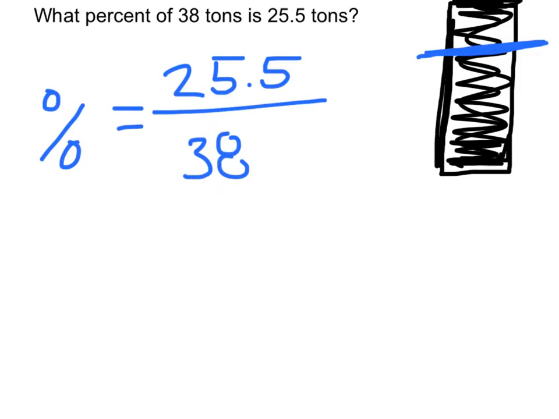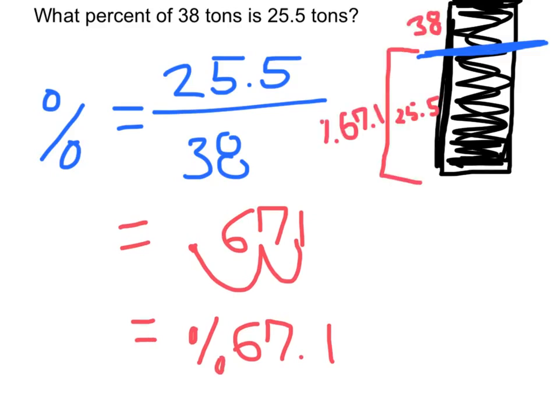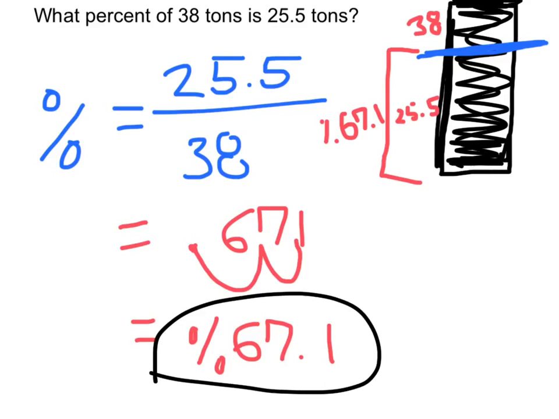And back to our problem, if we divide the numerator by the denominator, we will get the decimal 0.671, just about, and we learned before that we can change a decimal into a percent by moving the decimal over 2 places since it's out of 100. So our final answer is 25.5 tons is 67.1% of 38 tons. And that looks like a good final answer.